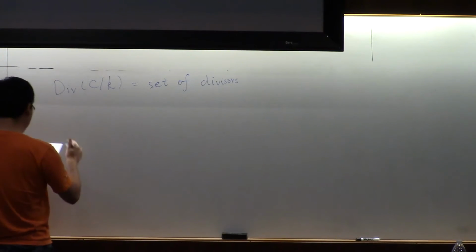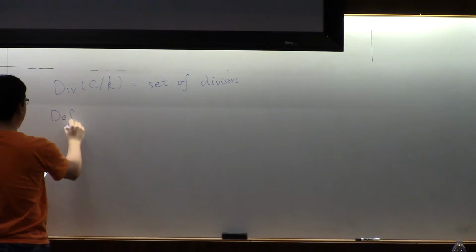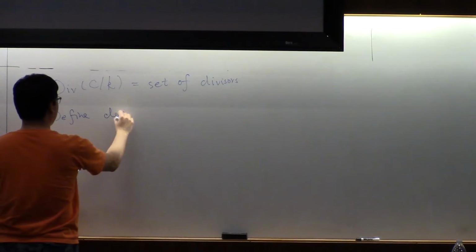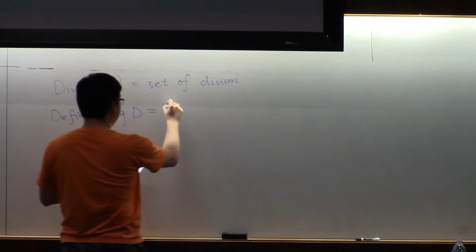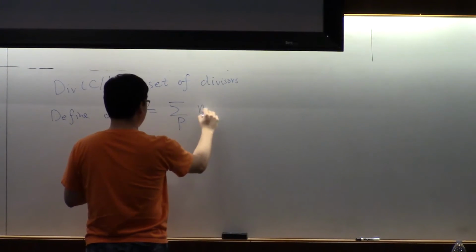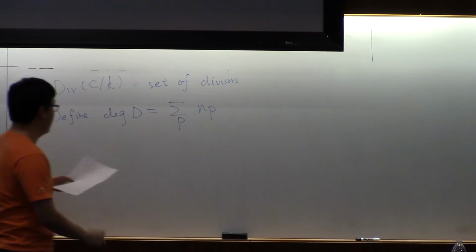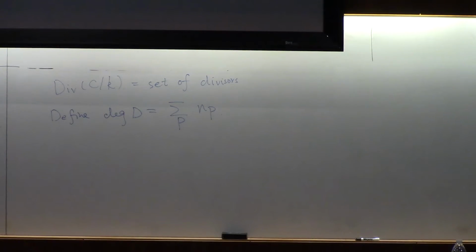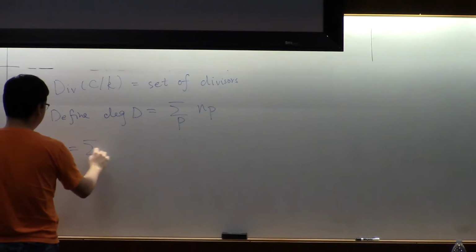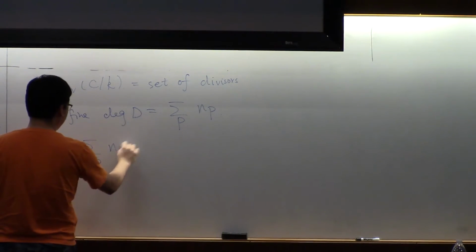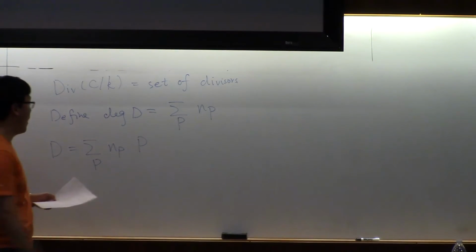Moreover, you can define the degree of the divisor to be just the sum of these coefficients. So the degree of the divisor is an integer. Also we can introduce a partial order on the set of divisors.